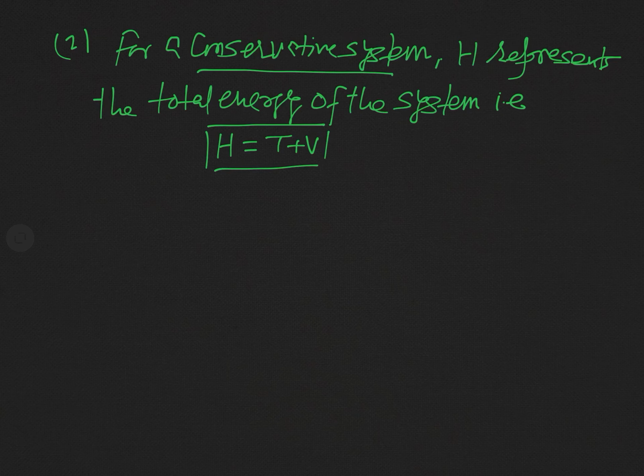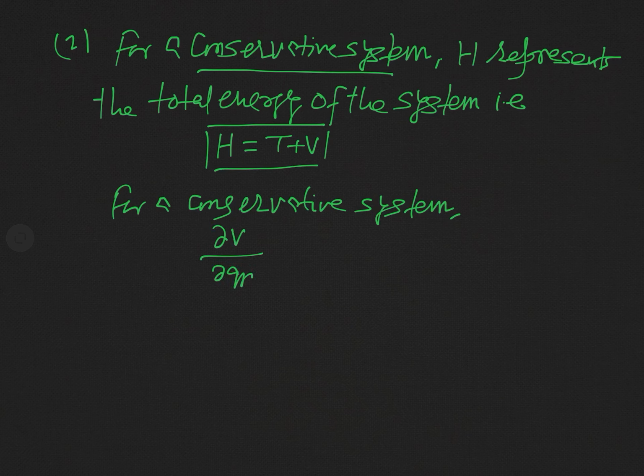You know the potential energy does not depend upon generalized velocity if the system is conservative. So for a conservative system, ∂V/∂q̇k is equal to 0.